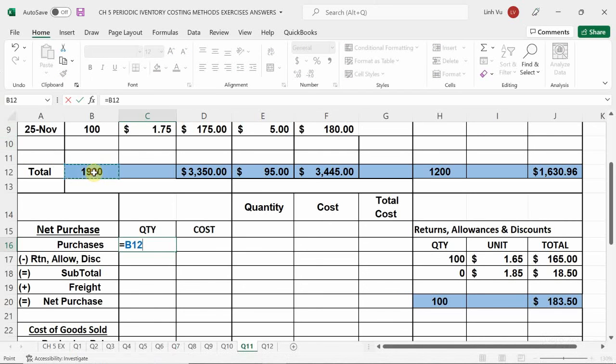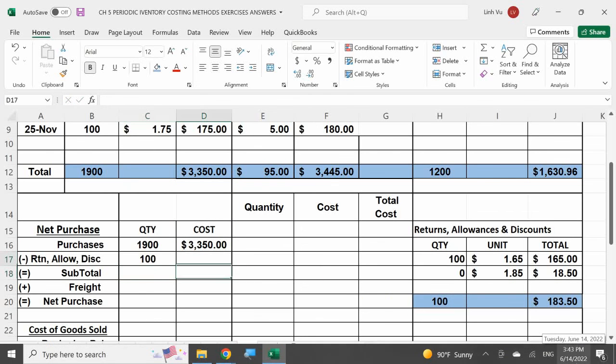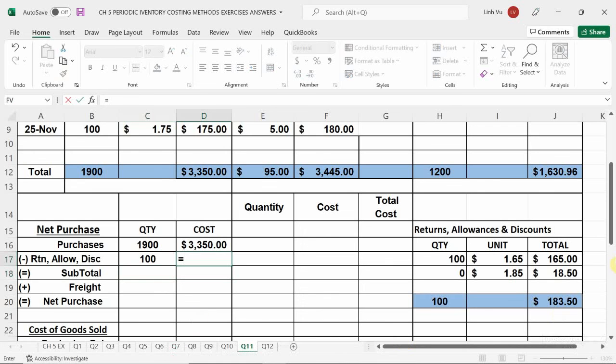We purchased 1,900 units at that $3,350. We end up returning 100 of those units for a grand total refund of $183.50, so that should reduce it.